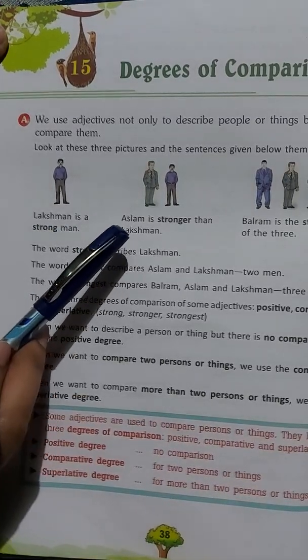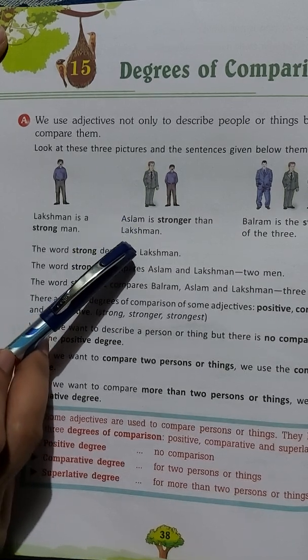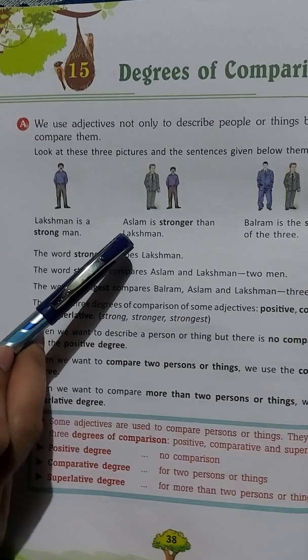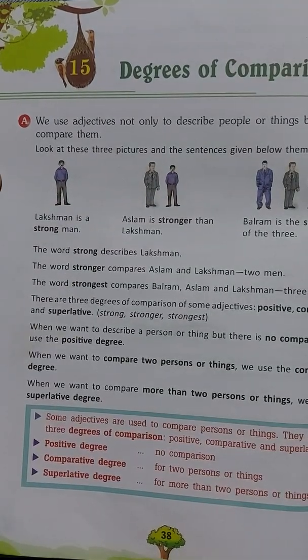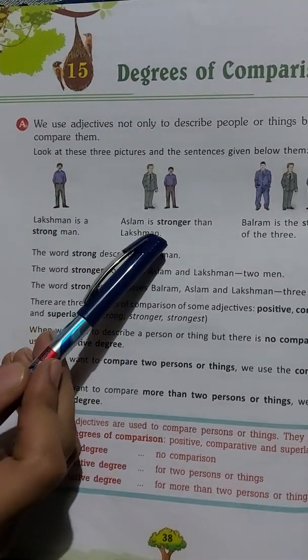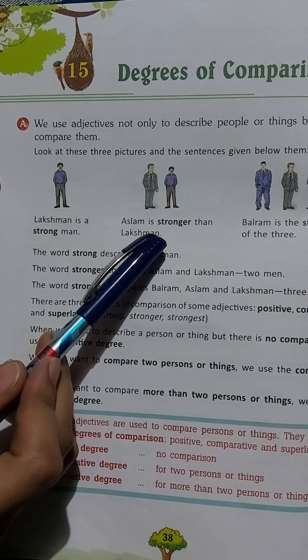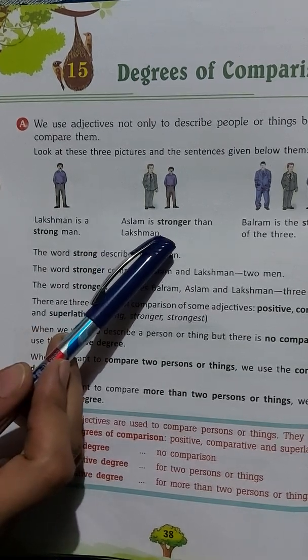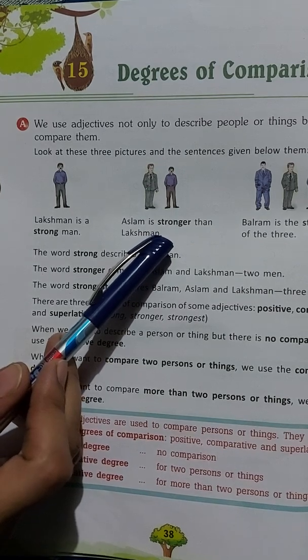Now look at the second sentence. Aslam is stronger than Lakshman. Now children, this word stronger is describing the noun Aslam. So stronger is an adjective. Alright?